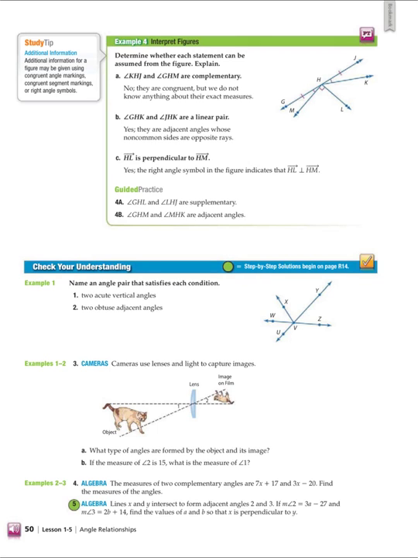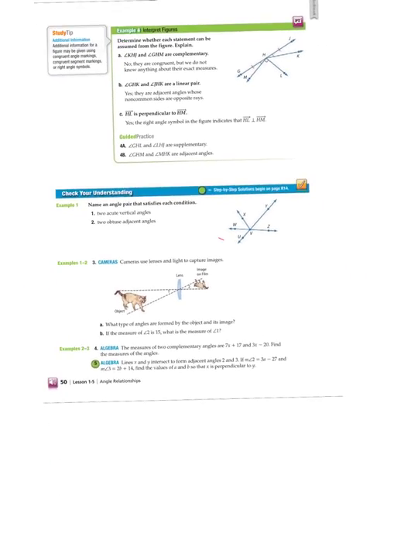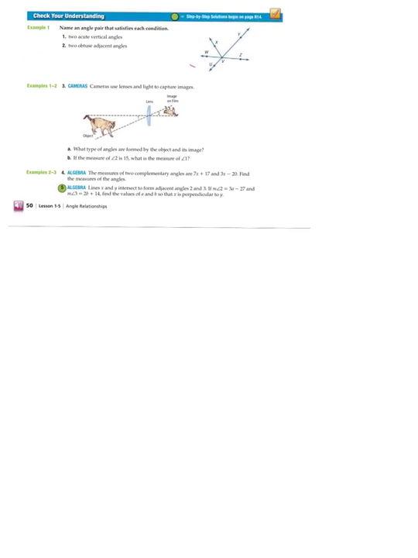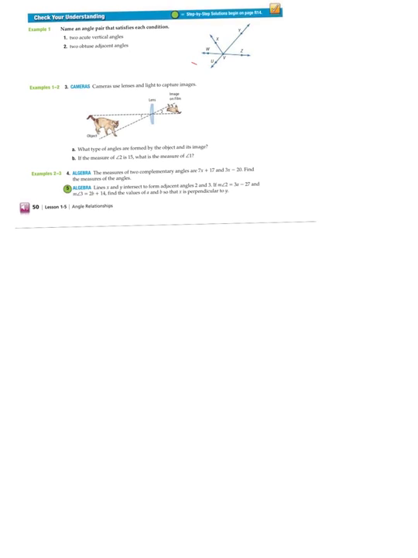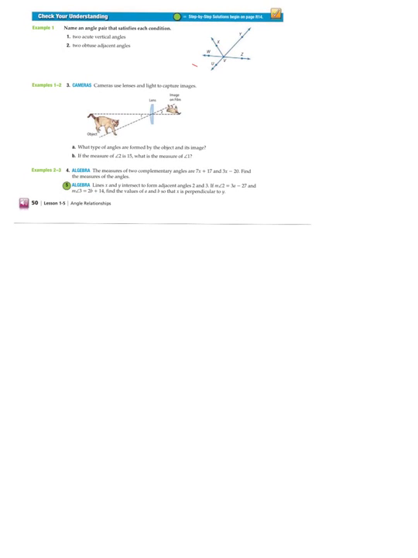All right, on this page, page 50, I want to look at number 4 and number 5 down here, a little algebra review. We're going to have a lot of algebra in our class. So let's look at what we've got. Let's read these word problems, which I love, word problems. Let's look at number 4, the measures of two complementary angles. Okay, the fact they're complementary tells us they add up to 90.